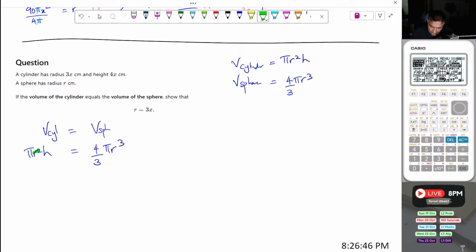Now what we have here is the r is equal to 3x. The h is equal to 4x. So we're going to write this as pi times 3x squared times 4x is equal to 4/3 pi r cubed.